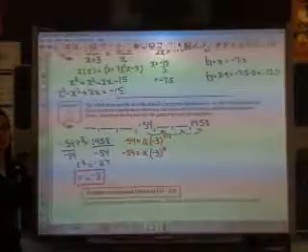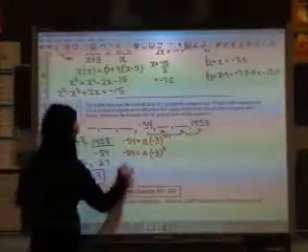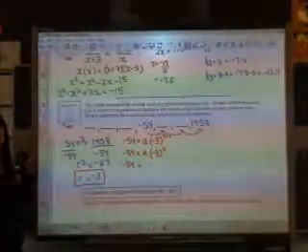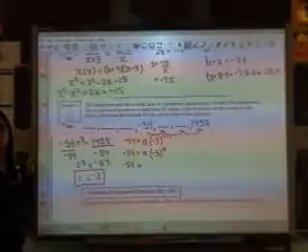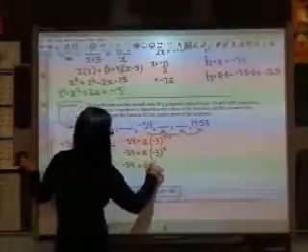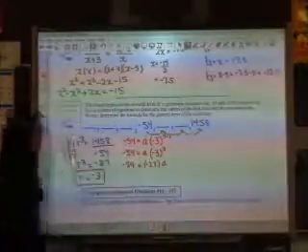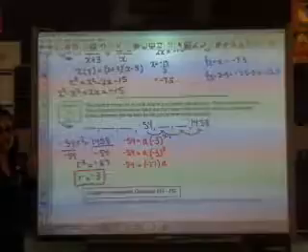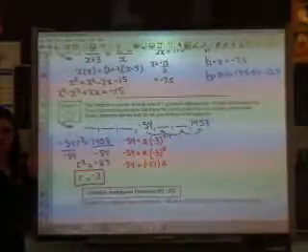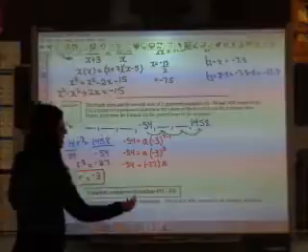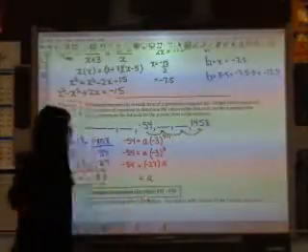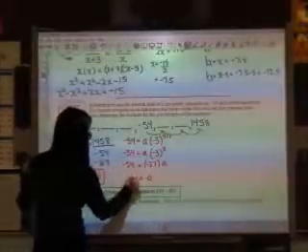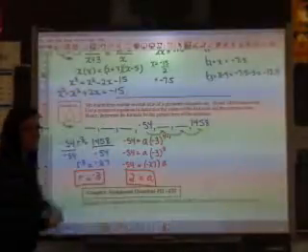What's negative 3 to the power of 3? Negative 27. So I have negative 27 times a equals negative 54. So to get a by itself, I would divide by negative 27. And what is negative 54 divided by negative 27? 2. So there's a.